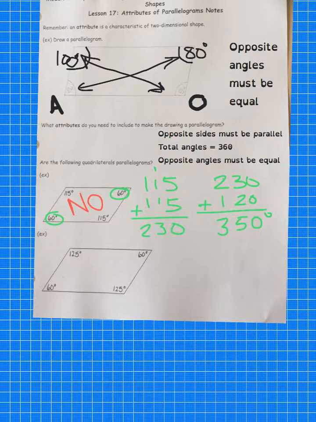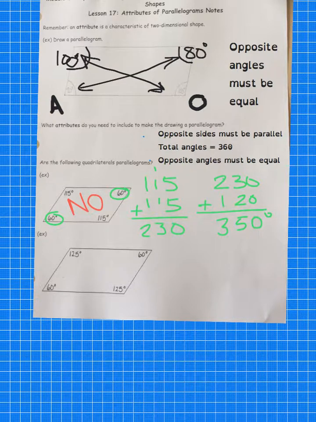We also see that 60 and 60, noticing that those are acute angles because they're less than 90 degrees. And 125 and 125 are obtuse angles because they're more than 90 degrees. All right, so it passes the opposite sides and the opposite angles attributes. Let's check to see about total angles.